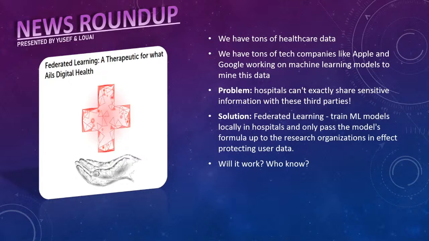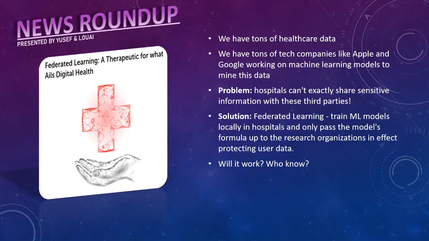To give you an even deeper example, imagine you work at Google and you wanted to do a study on who's got the hottest bum in the world. Why would you even go through that study? Because it's Yusuf, of course. But just play along. You would essentially have to get data on all of the bums coming through your hospital.